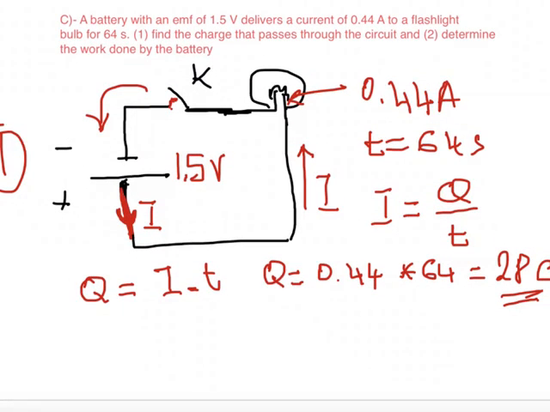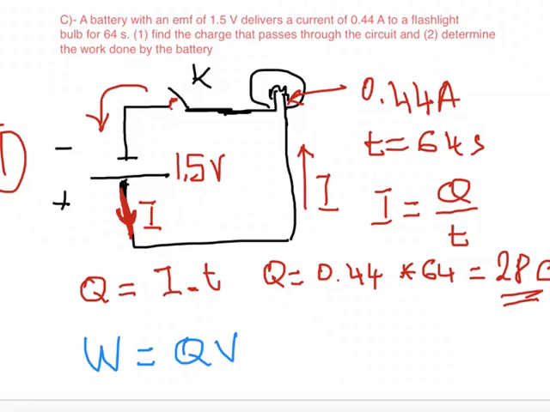The work done by the battery is represented by the letter W. The formula is W equals QV. That's the total charge multiplied by the potential difference. So we just replace these by their numerical values.